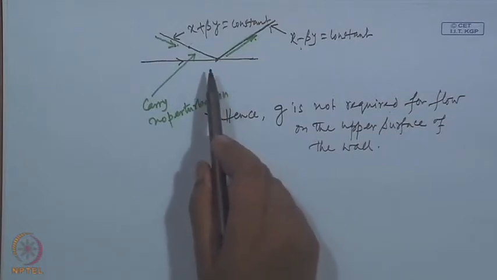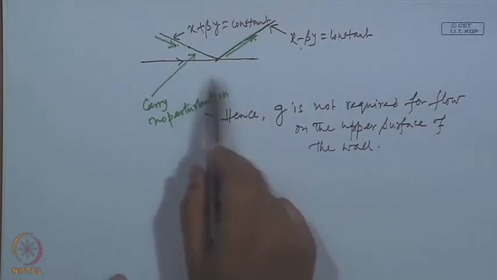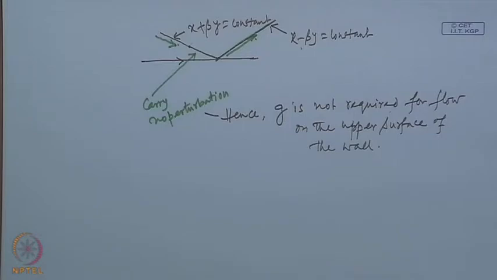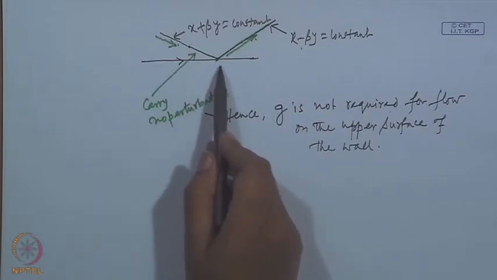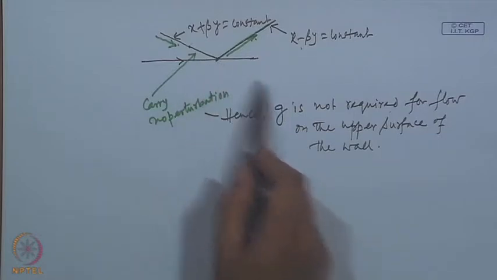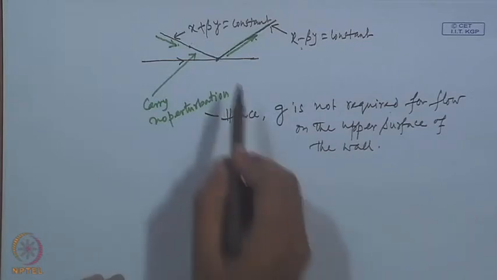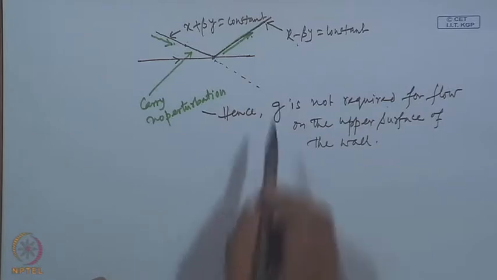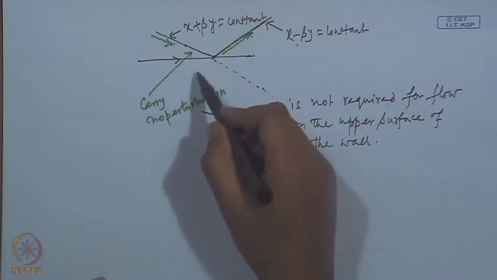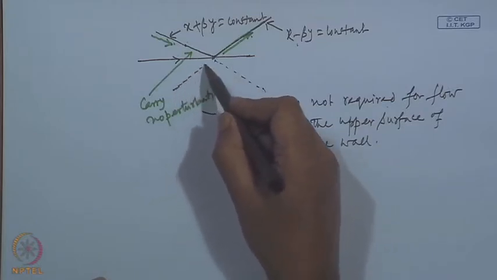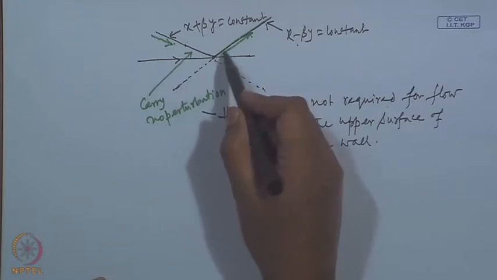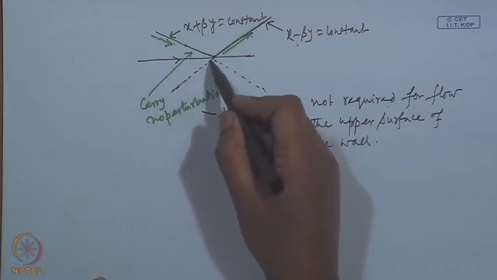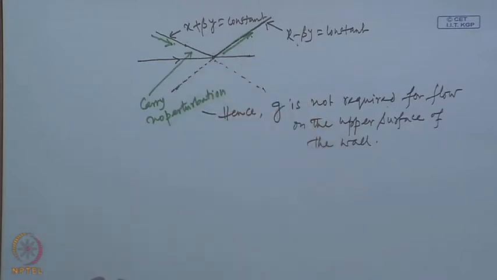However, if we consider the flow on the lower surface, then this is what is originating at the wall and carrying the perturbation to the field, while this is originating at infinity and carries no perturbation.